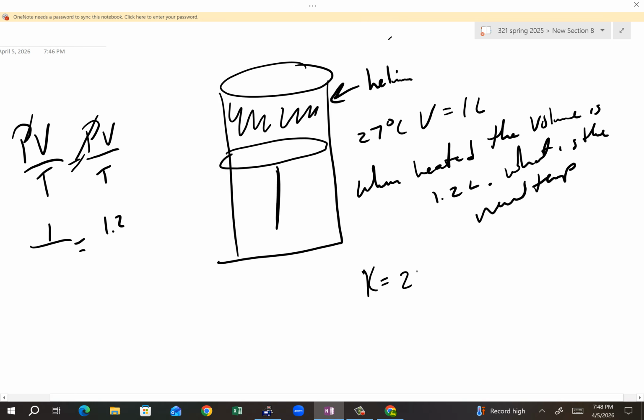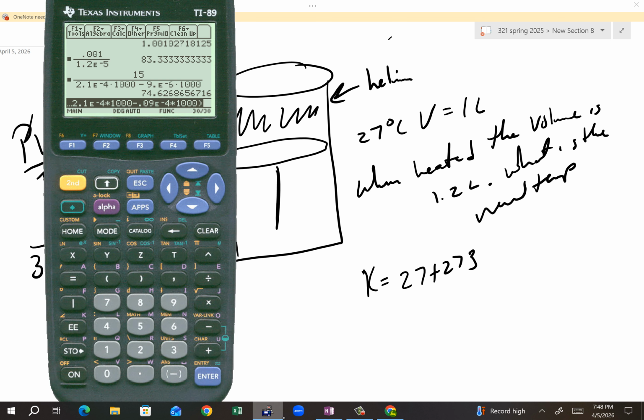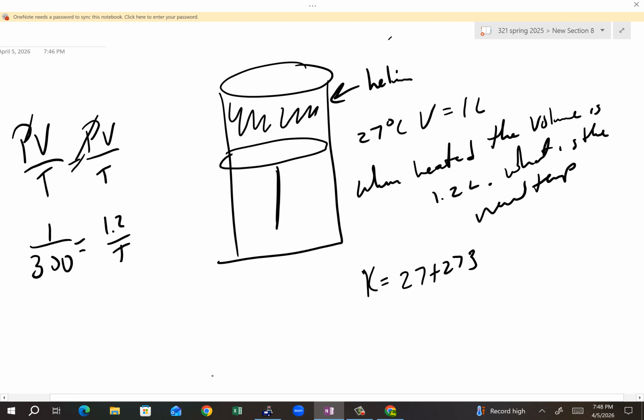So 27 plus 273 is 300. And then the new temperature over here. So 300 times 1.2 is 360. The new temperature is 360 degrees K.